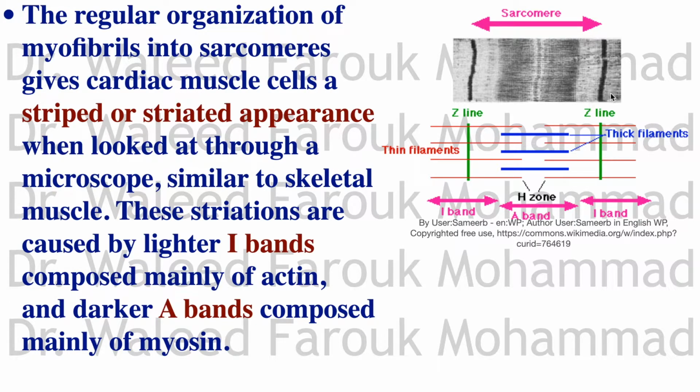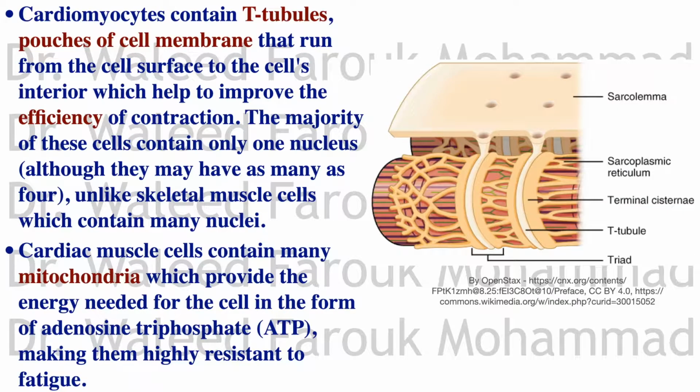These are the areas of actin, and the A bands in the middle are composed mainly of myosin, because there is actin too, but mainly myosin, which are the thick myofilaments. That's why it appears darker in color than the I bands, which are formed by actin, the thin myofilaments. This gives the heart its striations.